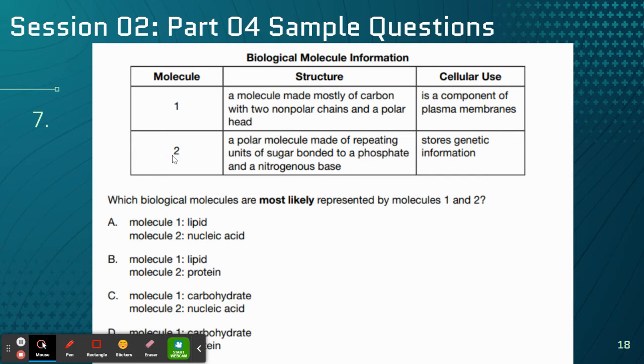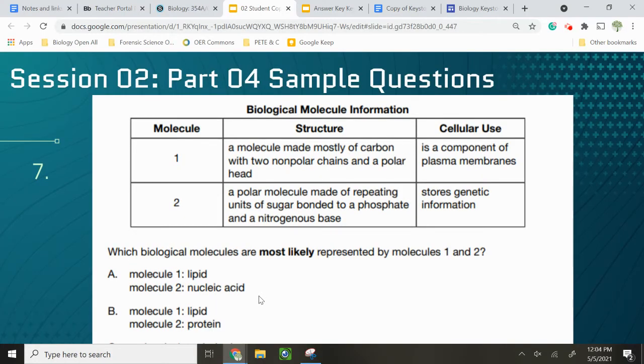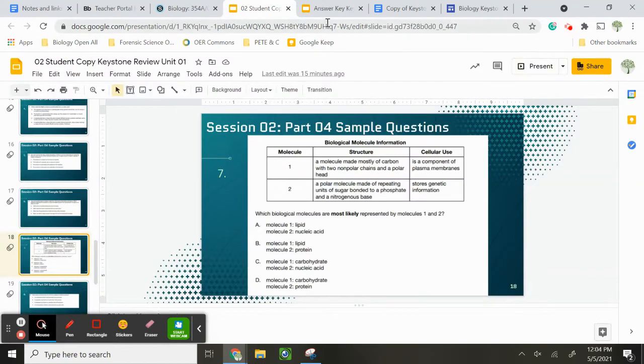It is a component of the plasma membrane. Molecule number 2 is a polar molecule made of repeating units of sugar bonded to a phosphate and a nitrogenous base, and it stores genetic information. Okay, so you've got lipid or nucleic acid, lipid or protein, carbohydrate or nucleic acid, or carbohydrate and protein. Take a second, answer that on the Edpuzzle.